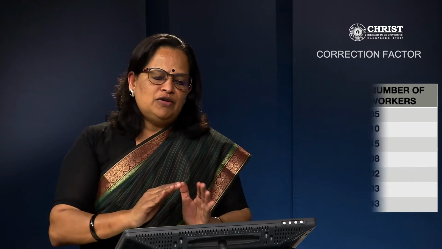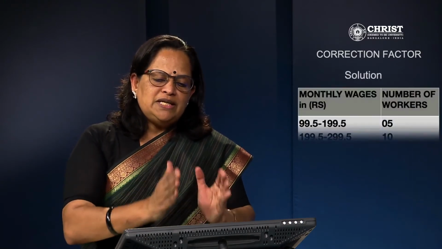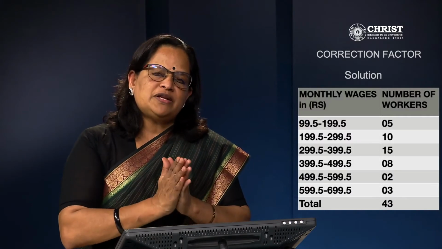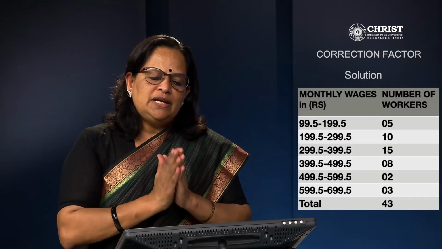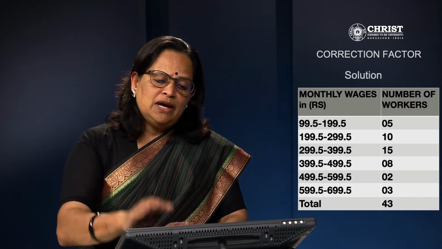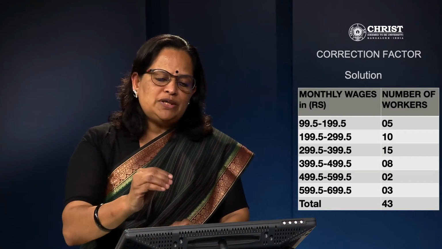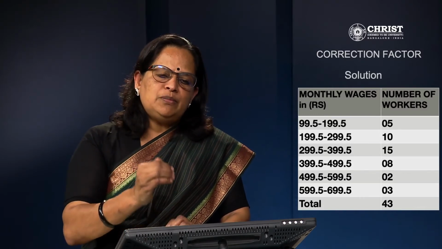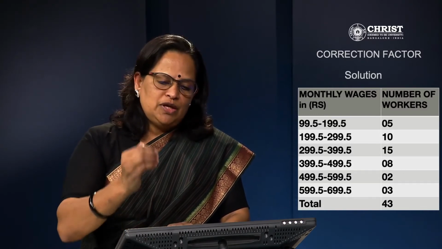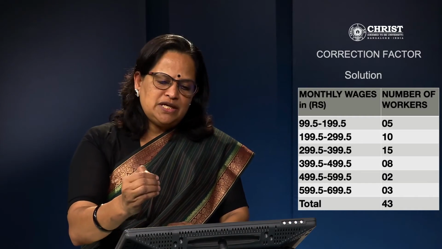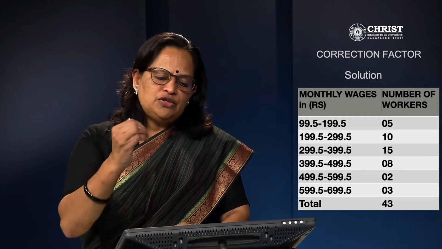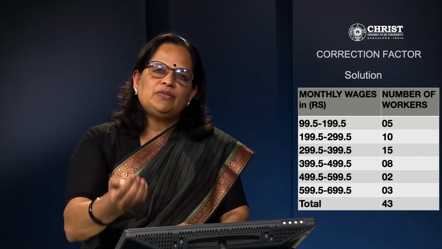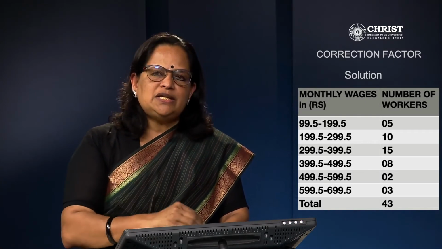Now we have converted that. This correction factor 0.5 is subtracted from all the lower limits, 99.5, and added to all the upper limits. So now the class boundaries are 99.5 to 199.5, 199.5 to 299.5, 299.5 to 399.5, 399.5 to 499.5, 499.5 to 599.5, 599.5 to 699.5.